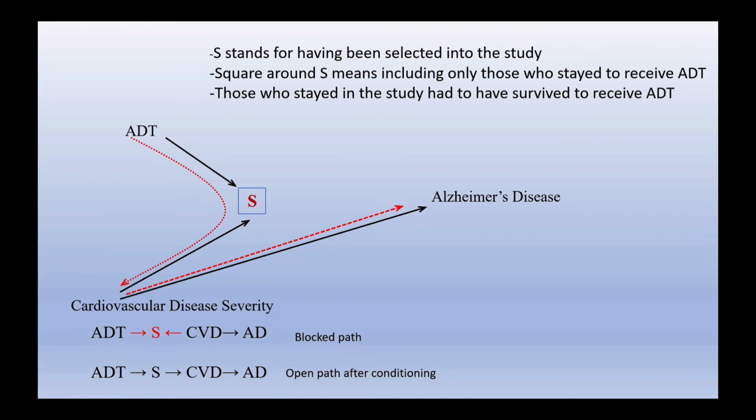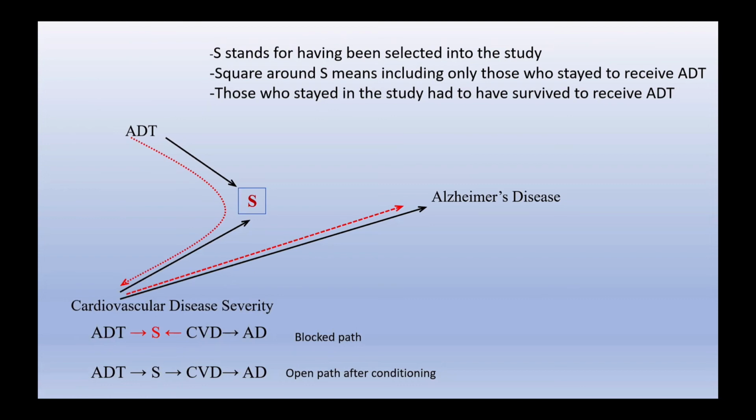Again, one of the reasons these biases happen is usually because of an unmeasured confounder, in this case, cardiovascular severity. So when we open this path, we have an open path that causes a non-causal association between ADT and Alzheimer's disease, through an open path from S to cardiovascular disease and Alzheimer's disease.